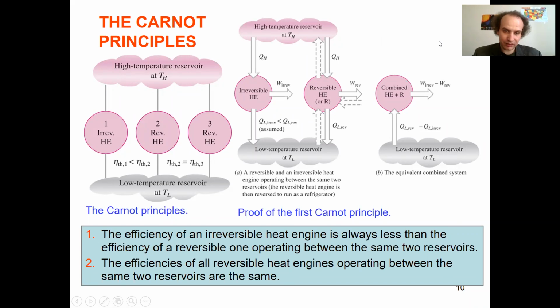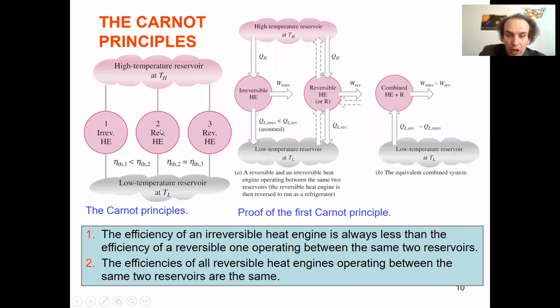Since I assume that efficiency 1 is better than efficiency 2, here I can convert more heat into work than is submitted here. So I will be able to transfer heat into work entirely without releasing something down. That is nonsense. Why? Because it violates the Kelvin-Planck statement. Do you agree? So it's wrong. It cannot happen. So my irreversible cycle is definitely worse than reversible.